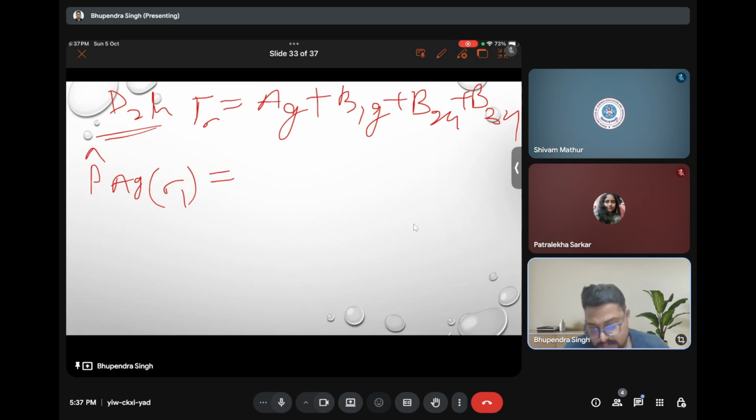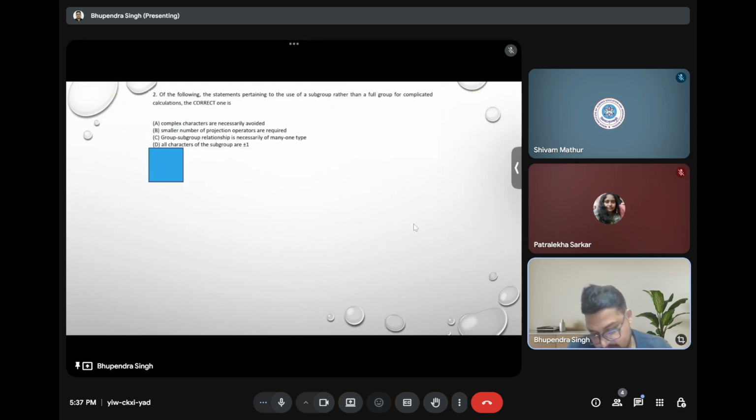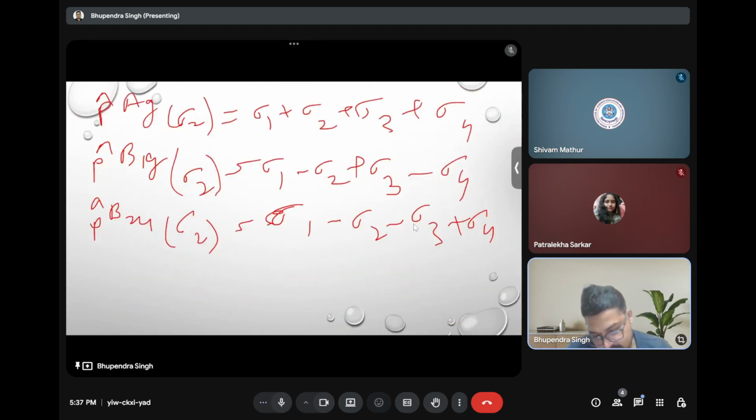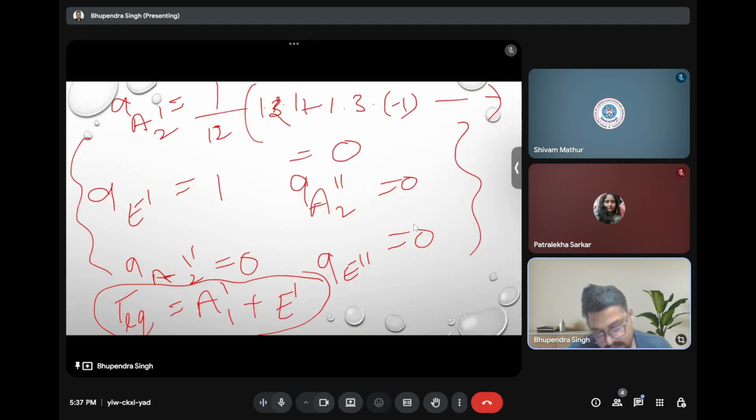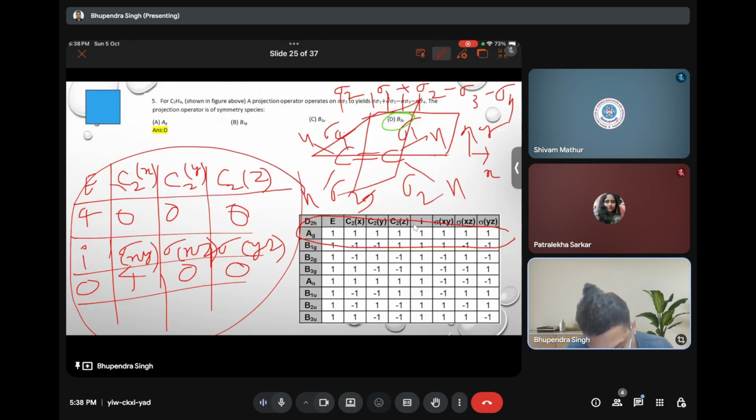For Ag in D2h, you can see the characters here. All of them are 1 1 1 1, right? For all the operations the character is 1 for the Ag symmetry species.